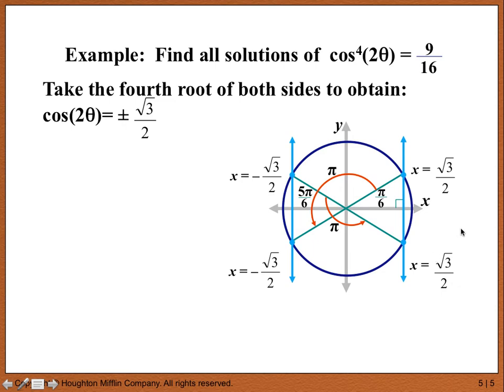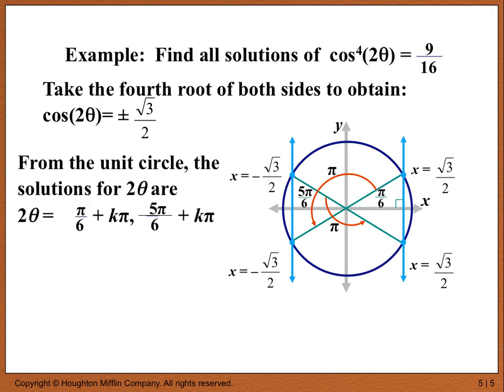So basically, if we're just treating 2 theta as its own angle, and not worrying about the 2 yet, then the unit circle tells us that the solutions for 2 theta are pi over 6 plus k pi, 5 pi over 6 plus k pi.